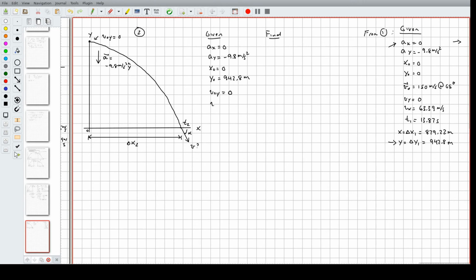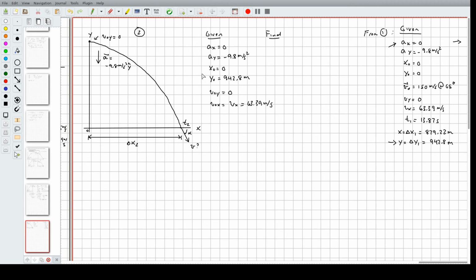But our initial velocity in the x direction is the same thing it's always going to be because of no acceleration there. And we got that from doing our solution to the first part, noting the fact that there was no acceleration.